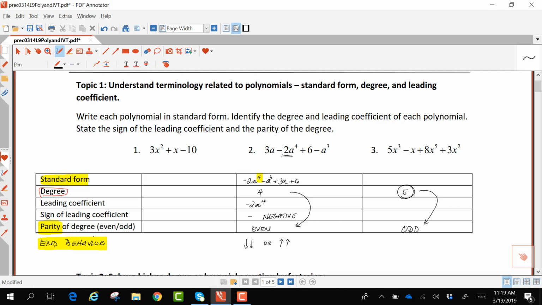The end behavior for an odd parity polynomial would be either down, up, or up, down. These end behaviors become very important as we progress through this section. Let's scroll down and look at the next topic.